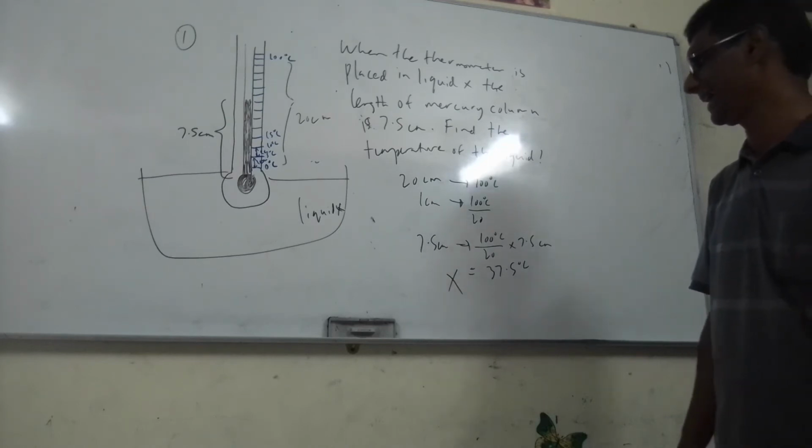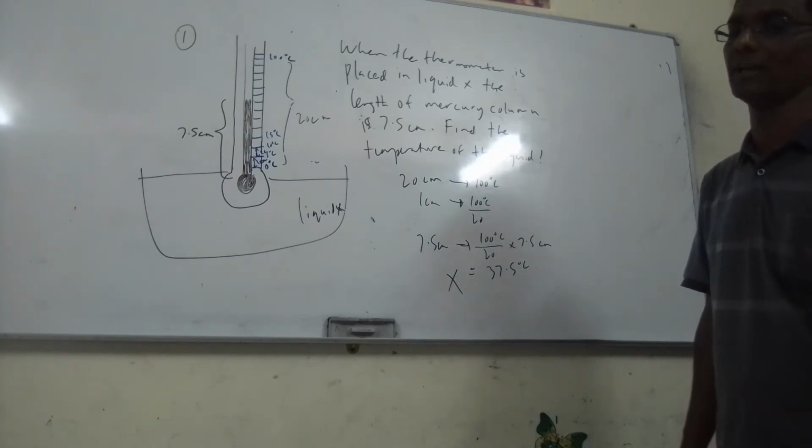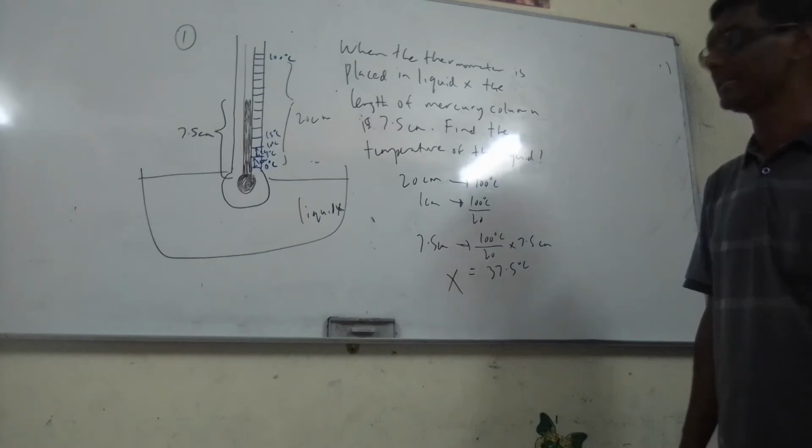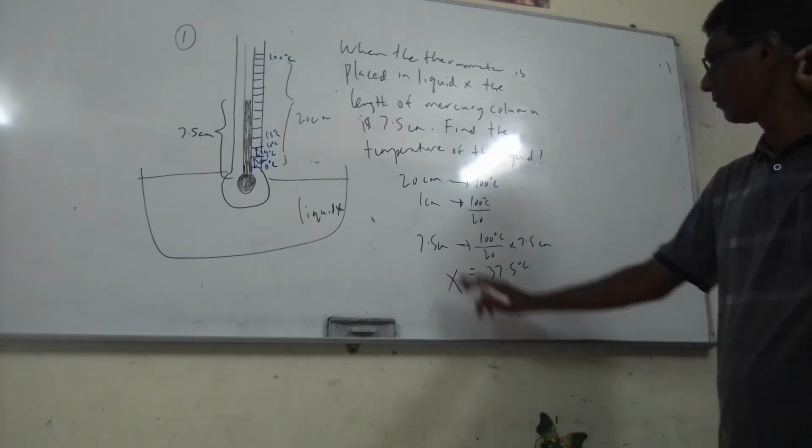The temperature of liquid X is 37.5 degrees Celsius.